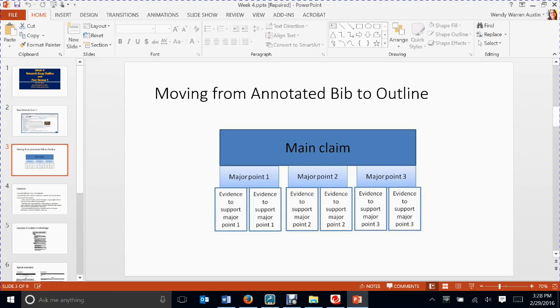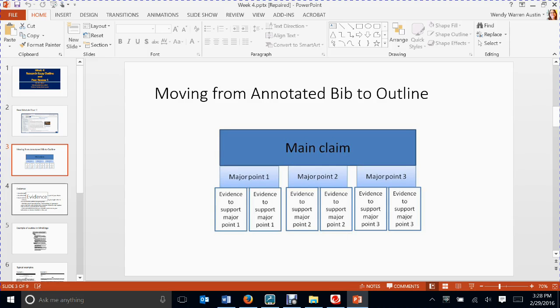And you might have one source that has information that relates to point 1 and 3 or 2 and 3 or just 1. So the information might not be limited just to isolated paragraphs, and I don't want to see it like that. I want to see more synthesis.